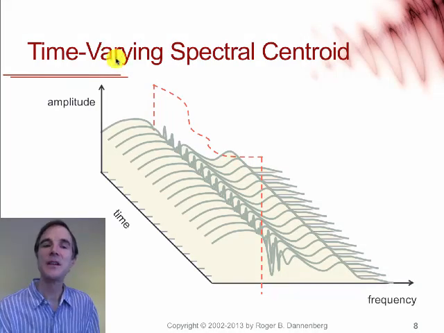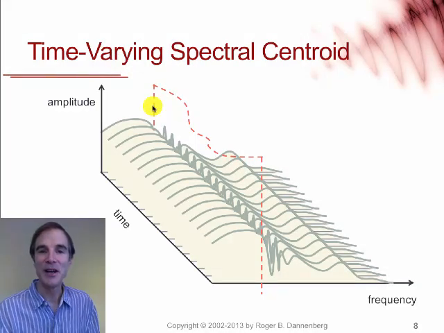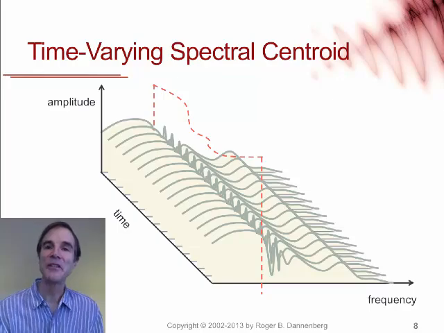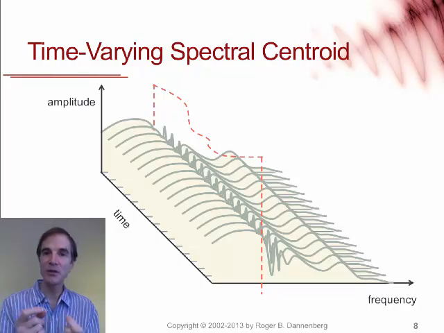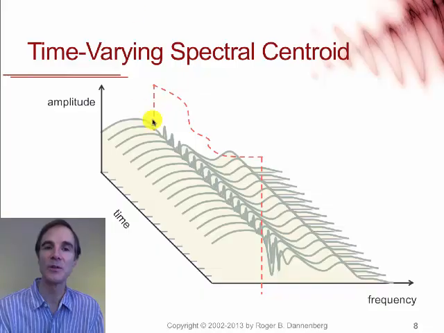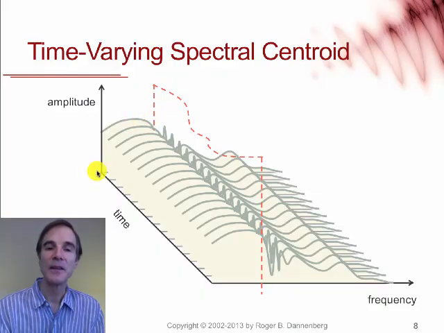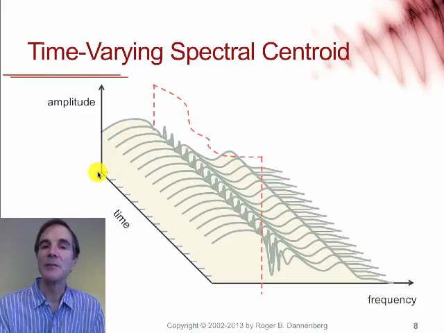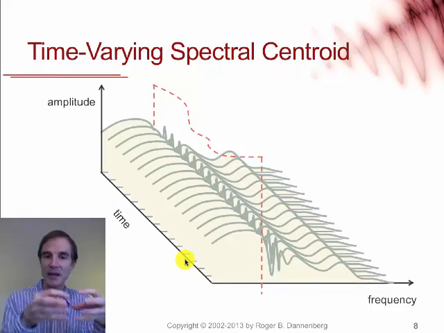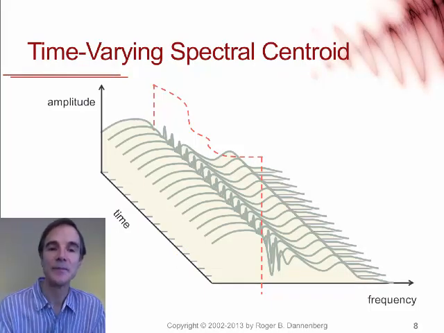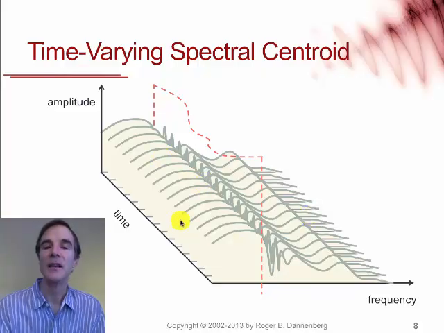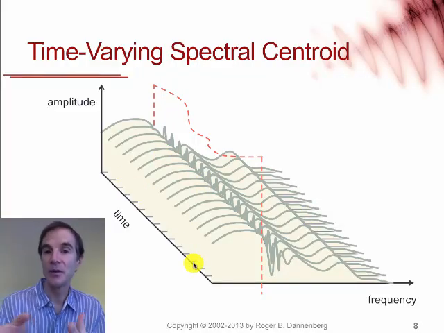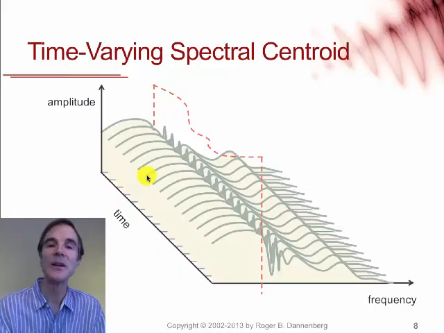Now, let's think about going back into the time dimension. The spectral centroid can vary over time if we're taking short-term transforms, short-term spectral estimates. So in this plot, imagine that shape that we just looked at starting at time 0, and as we move through the signal and take our analysis window and step it through the signal, measure the short-term spectrum later in the signal versus earlier, the signal might change and the spectral centroid might change.